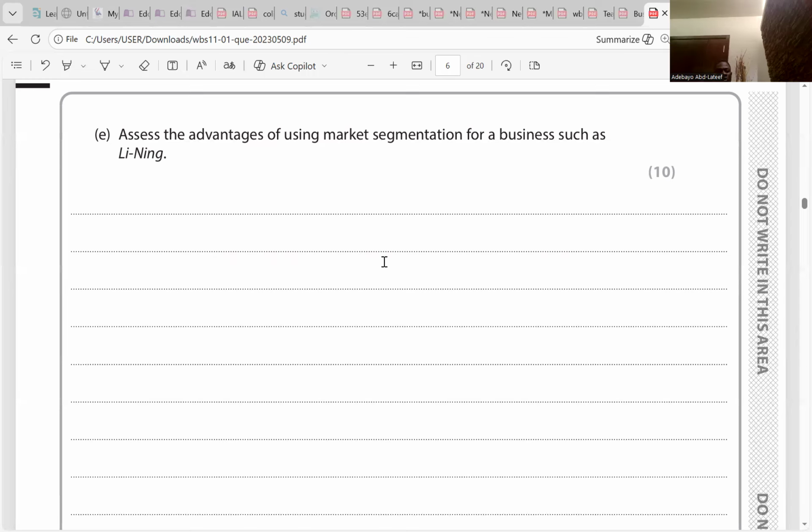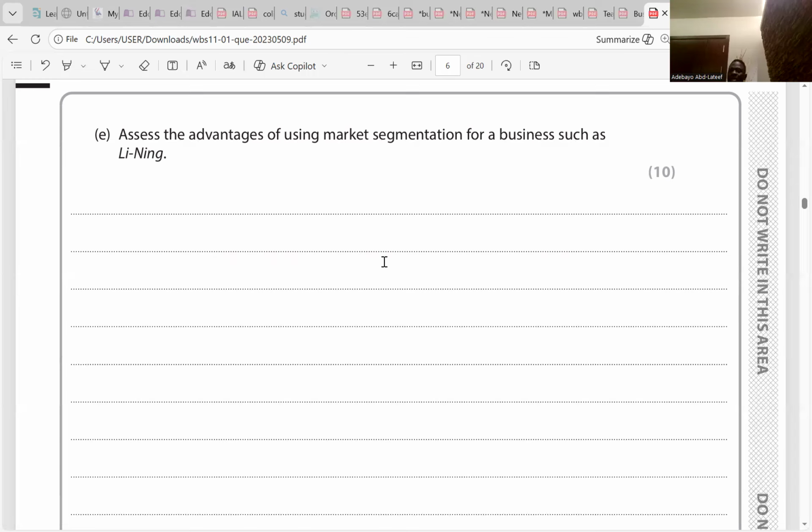So if Li Ning has divided the market based on specific customers' needs and wants, it simply means Li Ning will be able to meet the needs of customers. Being able to meet the needs of customers means customers will be happy with you. And if customers are happy with you, they might stay loyal to you. So they will always return to buy from you, because every now and then you are able to meet their needs. Do you understand the second point here?